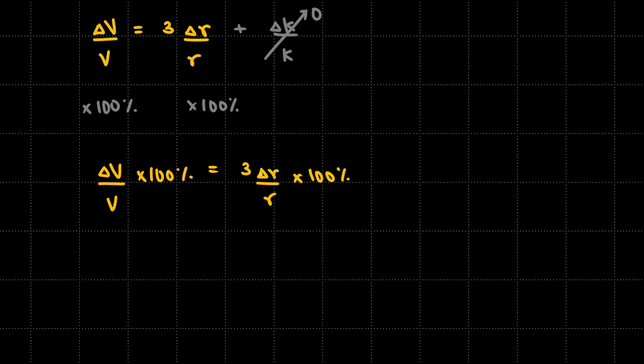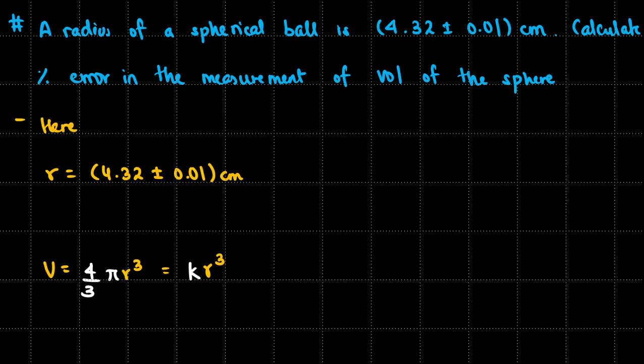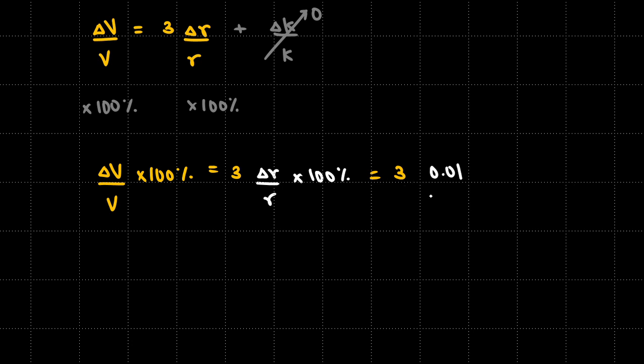To find the uncertainty in percentage, we write the error, which is 0.01, and the bottom portion, this R, is 4.32, since that's the reported value in this case, into 100%.